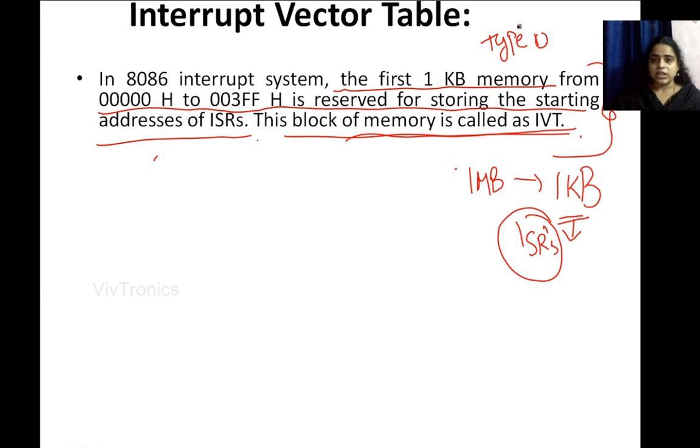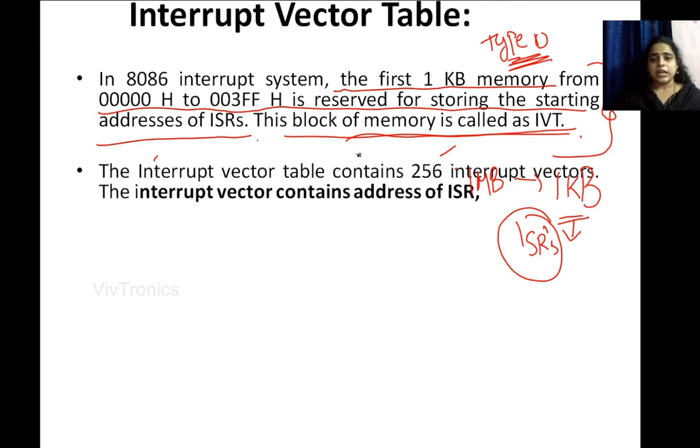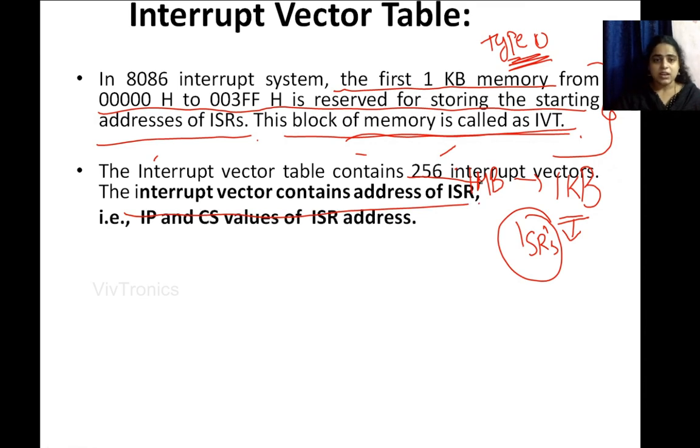Interrupt service routines reside in these memory locations, and they are predefined programs used to execute the interrupts, dedicated interrupts or any other interrupts coming into our program. The interrupt vector table contains 256 interrupt vectors, containing the IP and CS values of the ISR address.